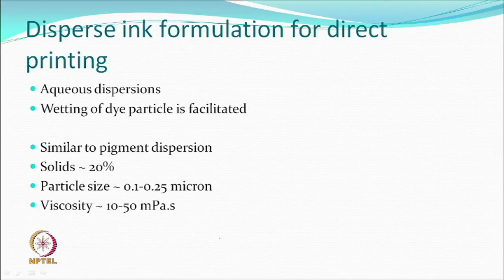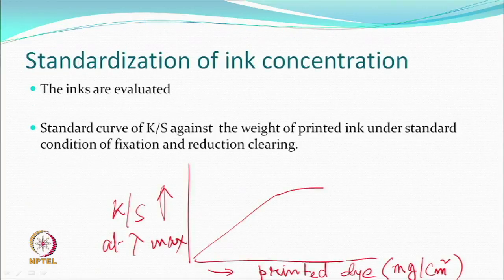Viscosity is in the range of 20 to 50 millipascal second for the ink. Standardization also matters, whether it is 20%, 22%, 25%, 15%, 30%, whatever. People would like to know that the same shade will come.